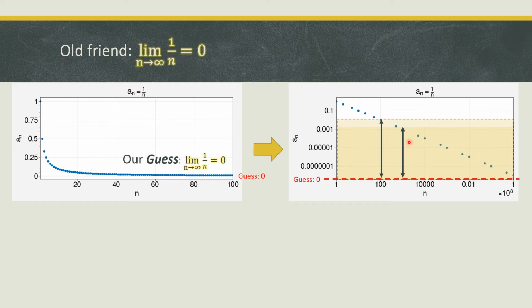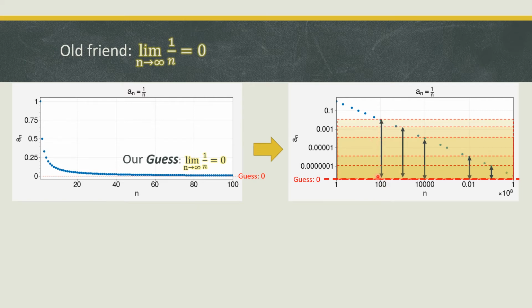And for a limit to be the real limit, these arrows must become increasingly smaller and smaller. And that means that the difference between any term of the sequence and our guess must continuously get smaller and smaller. I think that makes sense as a definition of the limit. So again, we think of a number, n.